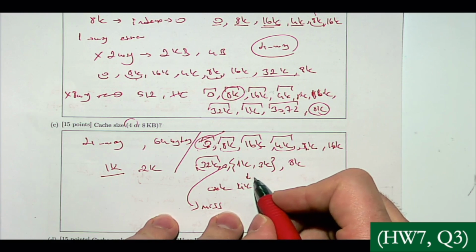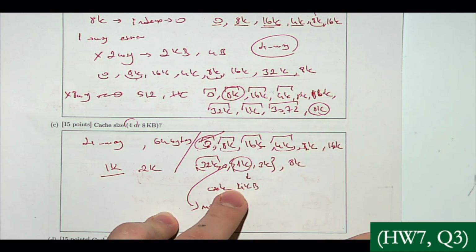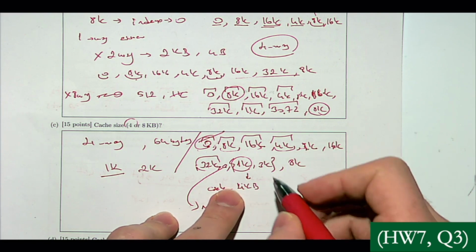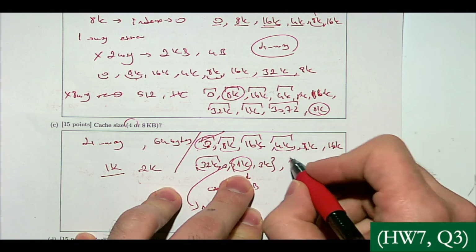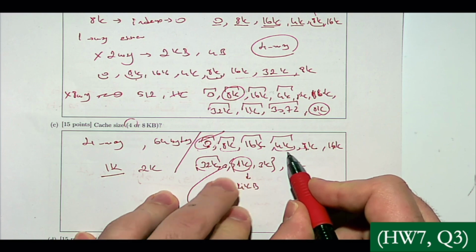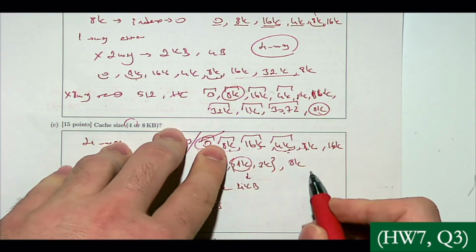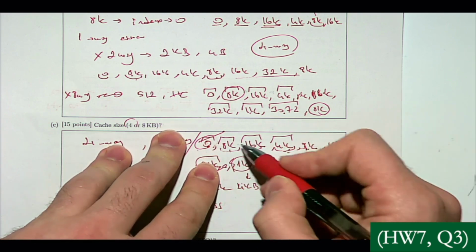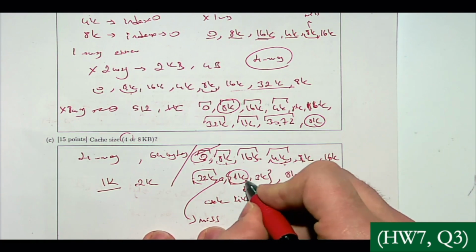if the cache size is 4 kilobytes, this is not in the cache, and this also maps to the index of 0. So I'm going to remove this one or this one. Either of these, if this is FIFO or LRU, one of them will be removed. So 1K will be put.